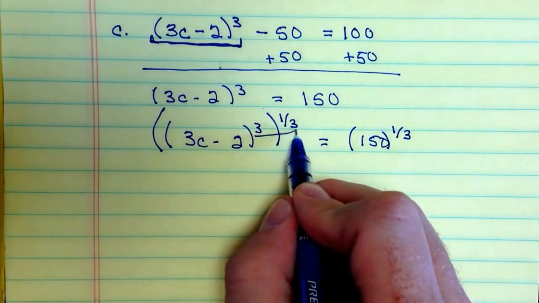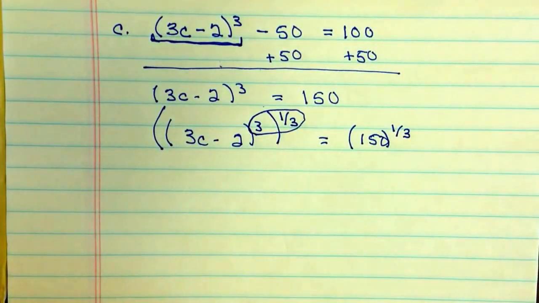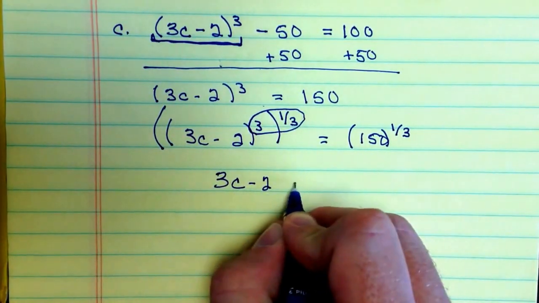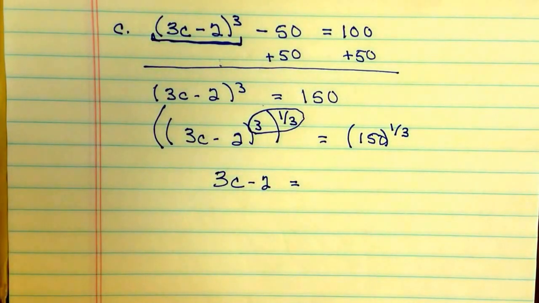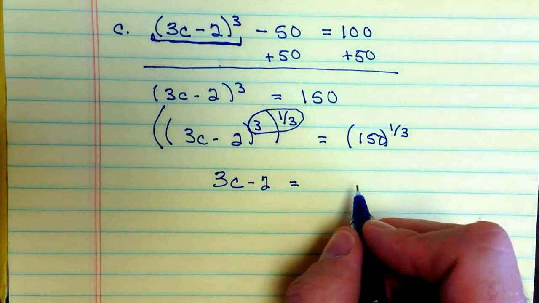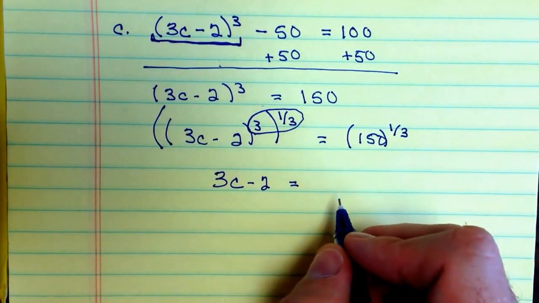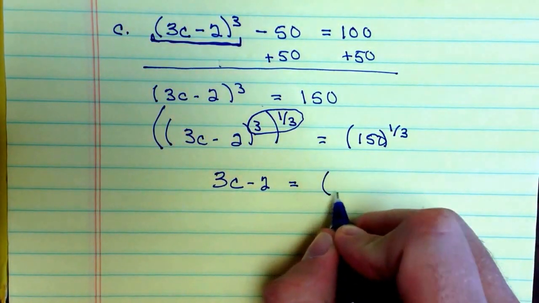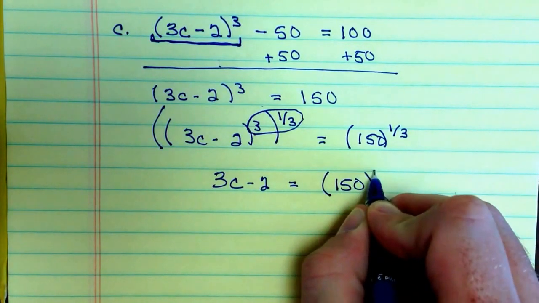Well, here on the left, 3 and 1/3 multiply and give us 1, so we're just left with 3c minus 2. And on the right, we have the cube root of 150, or 150 to the 1/3 power.